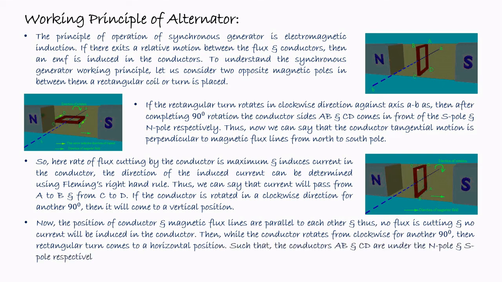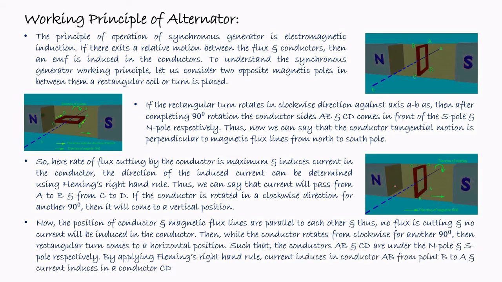So in this position, no EMF is induced, such that the conductors AB and CD are under the North Pole and South Pole respectively. That means while the conductor rotates clockwise for another 90 degrees, in this position there will be no EMF induced in either side of the coil.